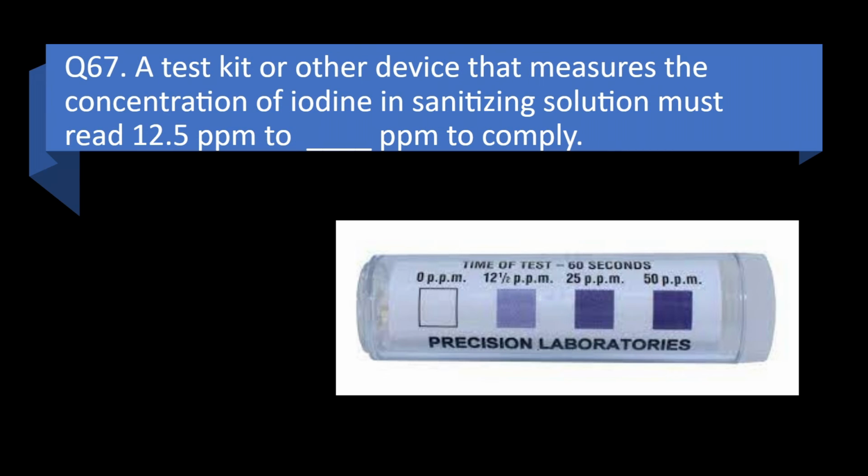Question 67. A test kit or other device that measures the concentration of iodine in a sanitizing solution must read 12.5 parts per million to blank parts per million to comply. 20, 25, 50, or 200. B. 25.